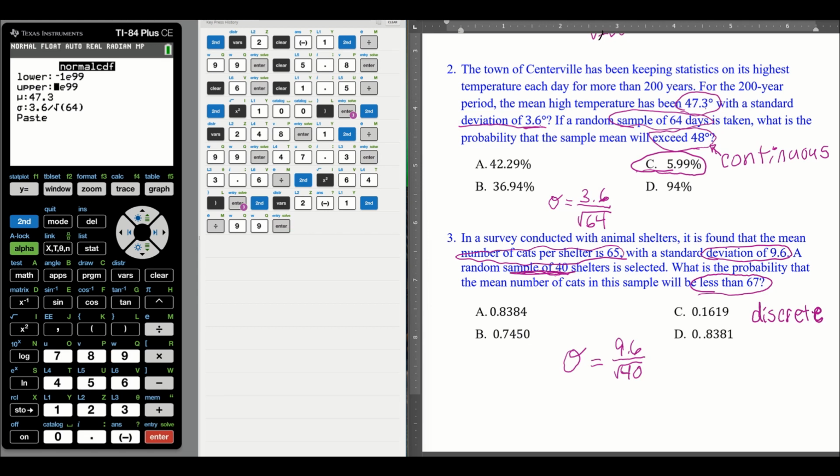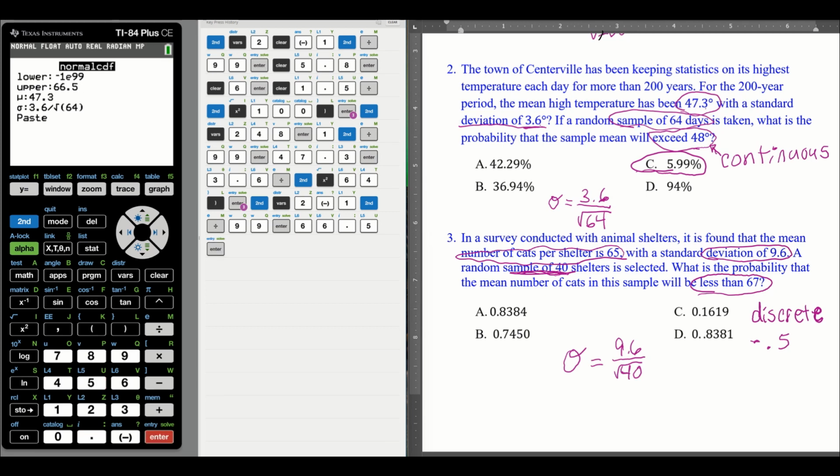Now less than, so we are going to have to subtract out 0.5, so we do not include our 67. So that's going to be minus the 0.5. So that will be 66.5. We had to adjust.